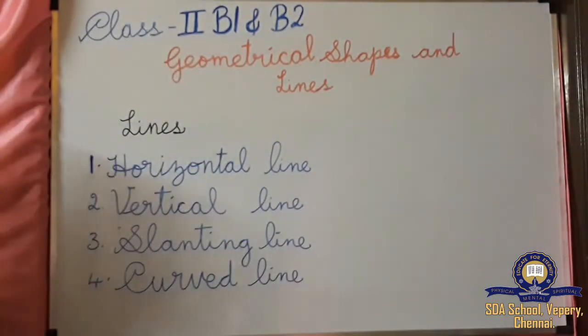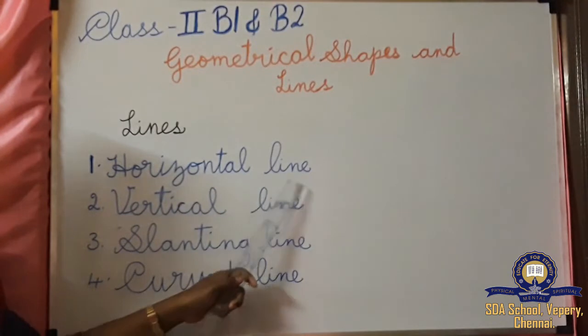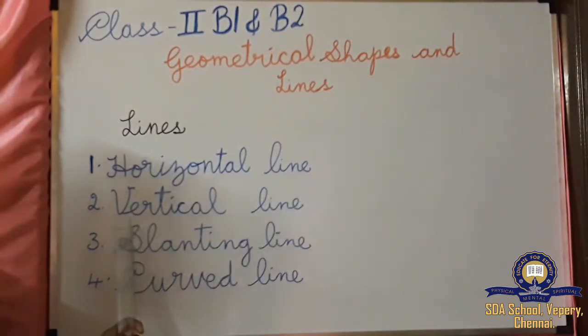See, the lines have 4 types: horizontal lines, vertical lines, slanting line and curved line. The spelling for horizontal: H-O-R-I-Z-O-N-T-A-L, horizontal line, L-I-N-E, line. Vertical: V-E-R-T-I-C-A-L, vertical line, line.